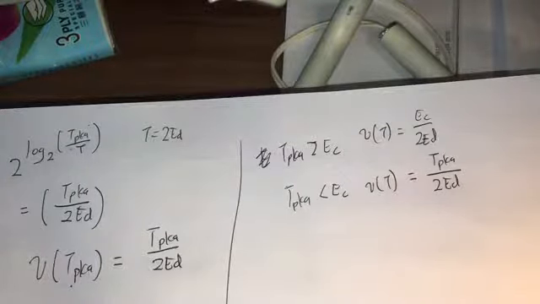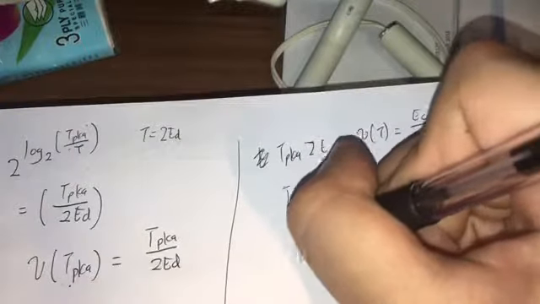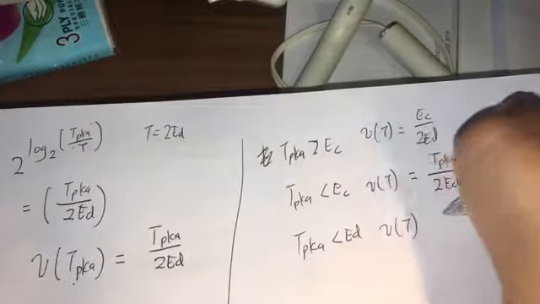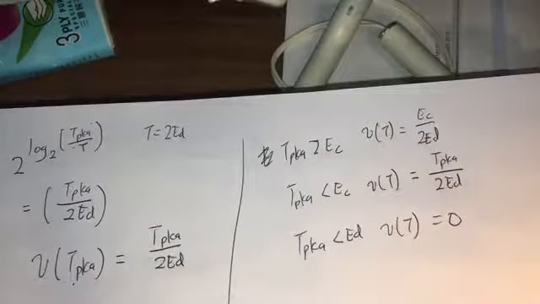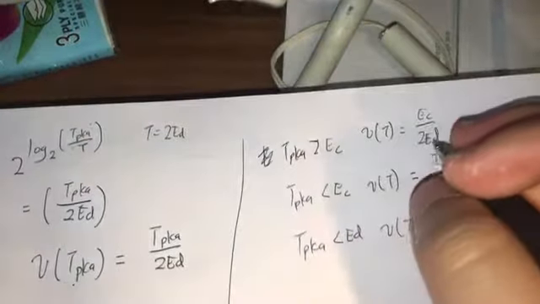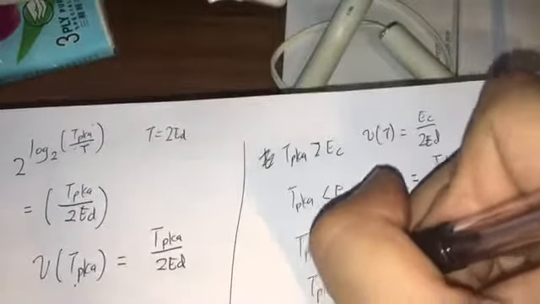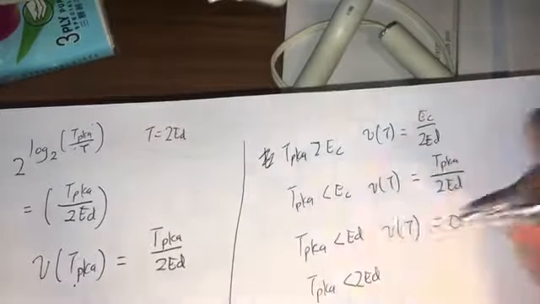How about when T of pKa is less than ED? V of T equals 0. Why? If the energy of the pKa is less than the displacement energy, you cannot displace any atom. How about T pKa less than 2ED?